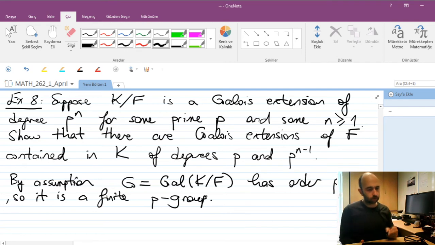Now, there is something fundamental that the Galois correspondence says.